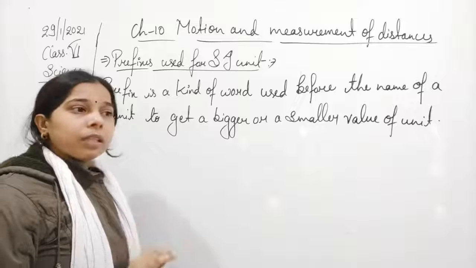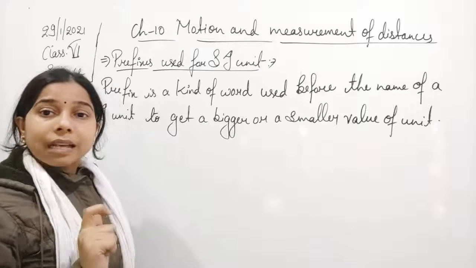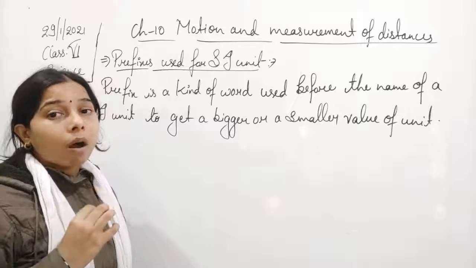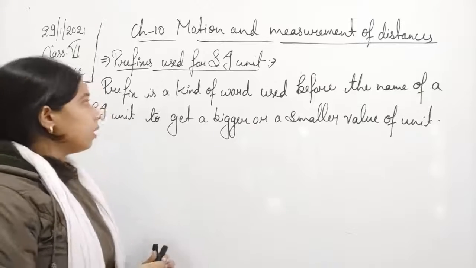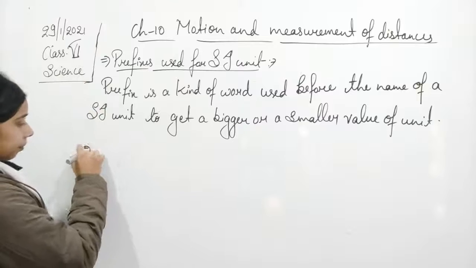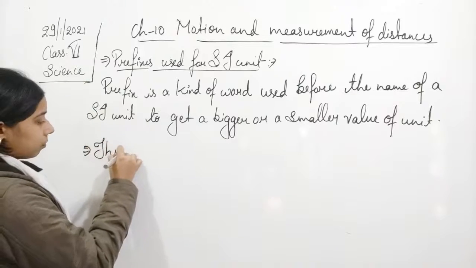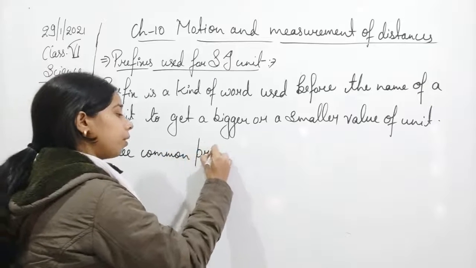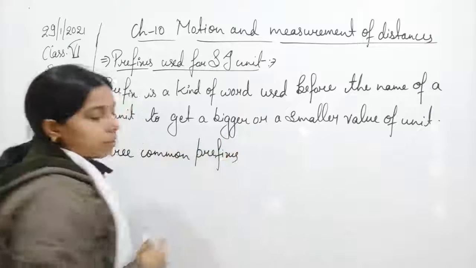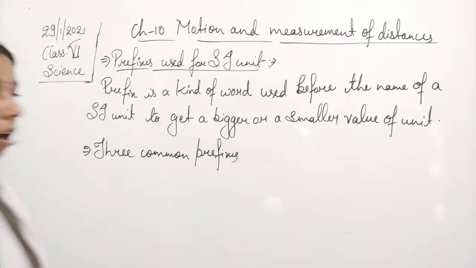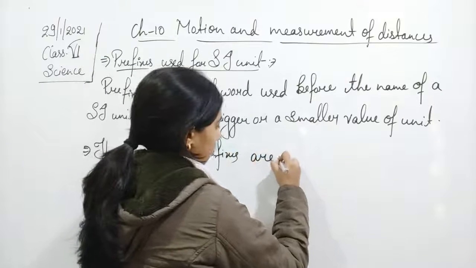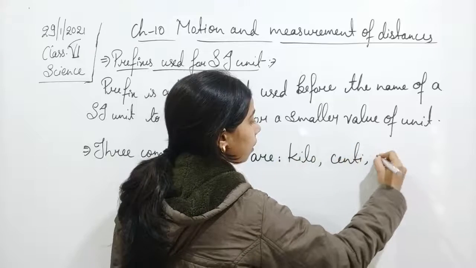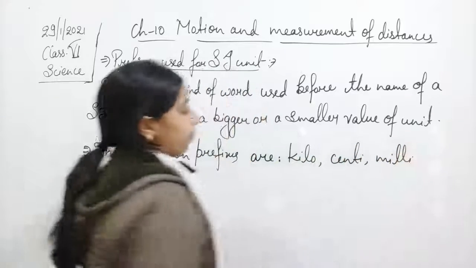After using the prefix, the SI unit will become either a bigger unit or a smaller unit. Three common prefixes are kilo, centi and milli.